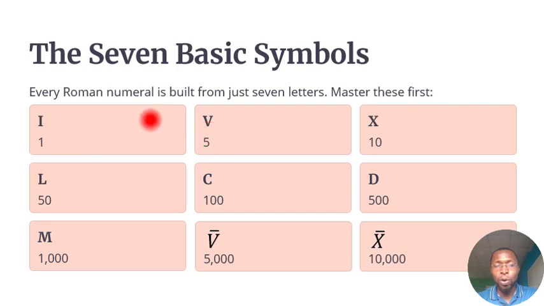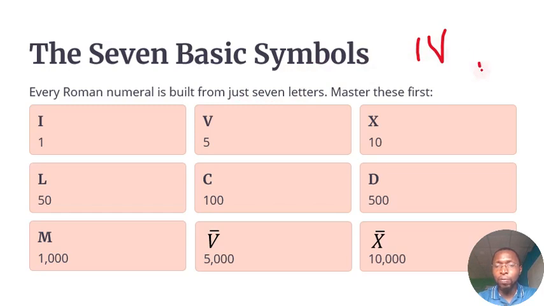Let's take a little example here. If you have I and then you have V, you could see that I is coming before V. In this case, you cannot add them because I is lesser than V.